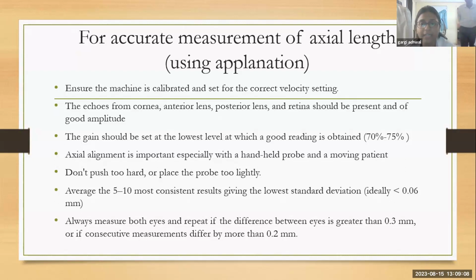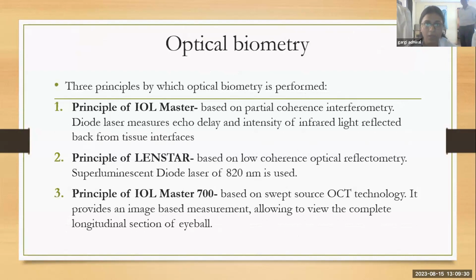But if the grading of cataract is more, we can increase this gain. Do not push the probe too hard or place it too lightly, because it can alter the axial length recording. Average 5 to 10 readings are to be considered, with the lowest standard deviation. Always measure both the eyes and repeat if the difference between both the eyes is greater than 0.3 mm.